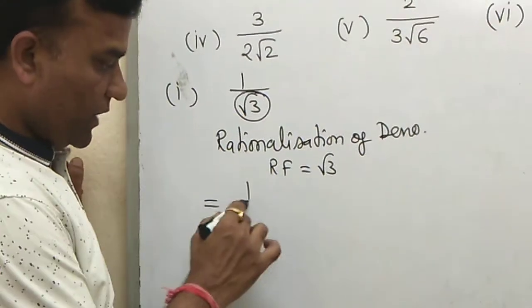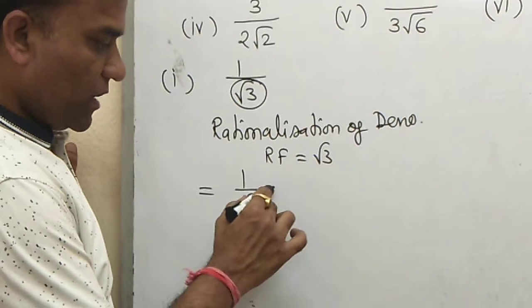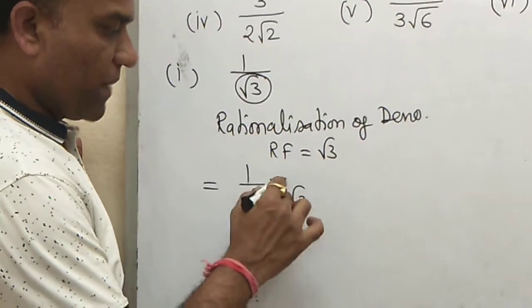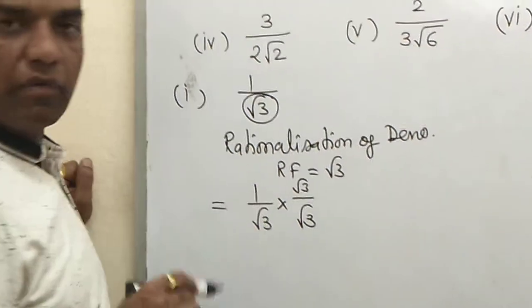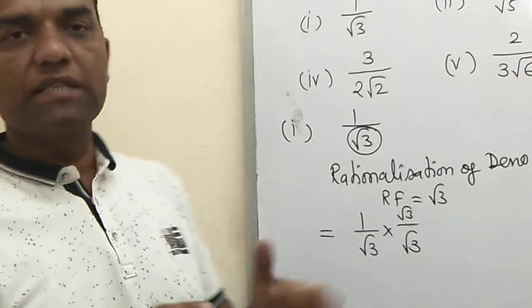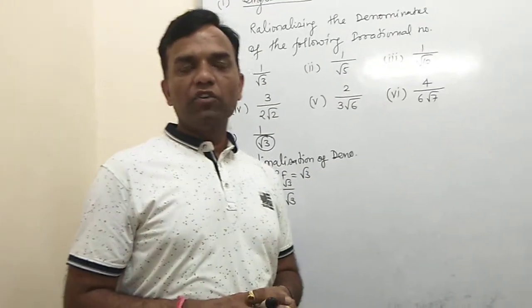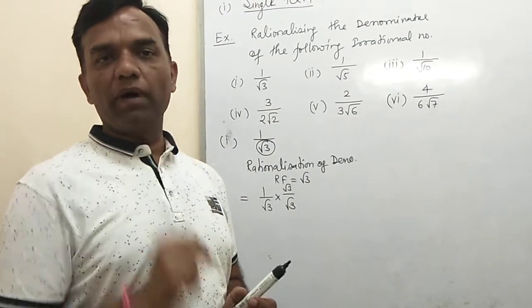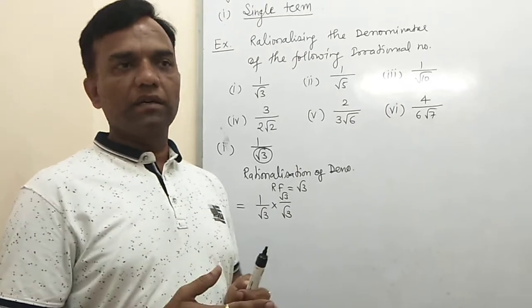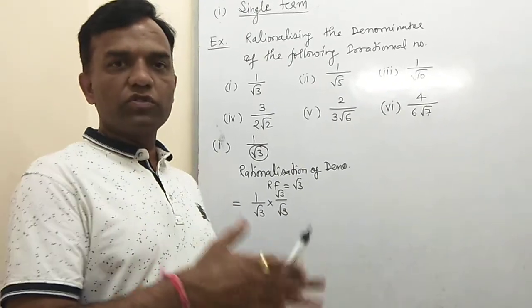Then for 1 by root 3, you multiply and divide by root 3, because multiplying and dividing by the same term is multiplying by 1, which is the identity, so there is no change in the given number.